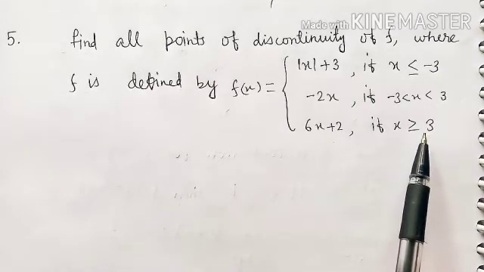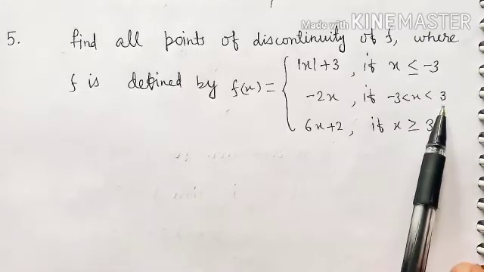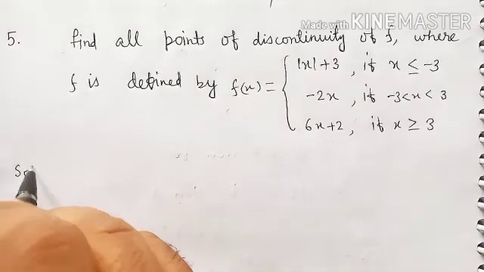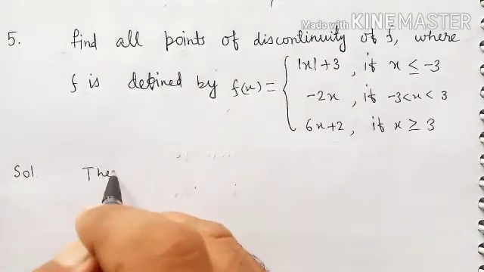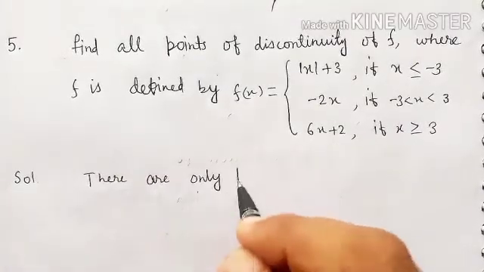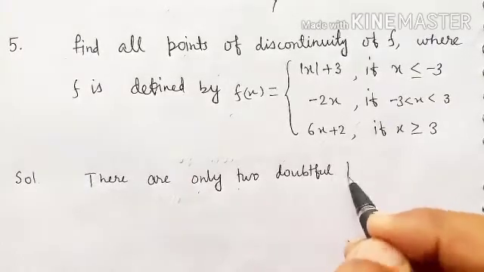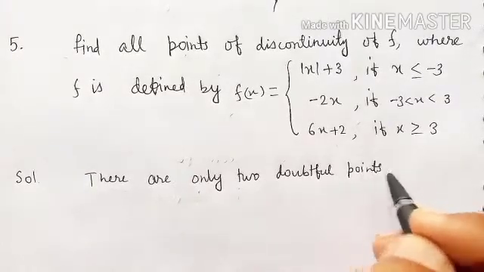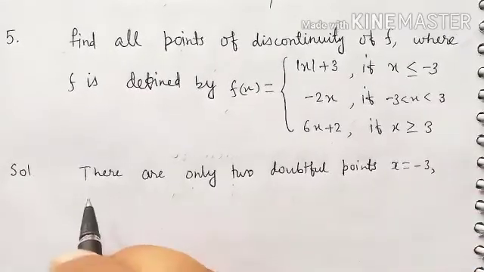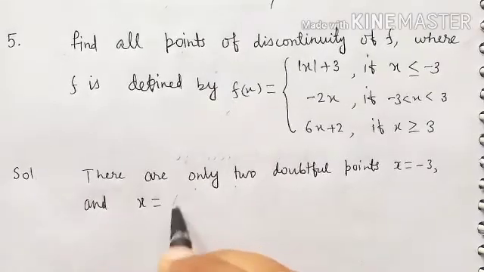Here the domain of the function breaks at minus 3 and 3, so there are only 2 doubtful points: x equal to minus 3 and x equal to 3.